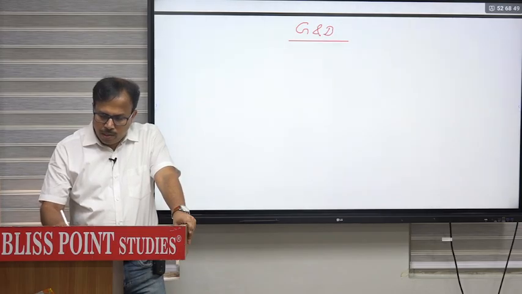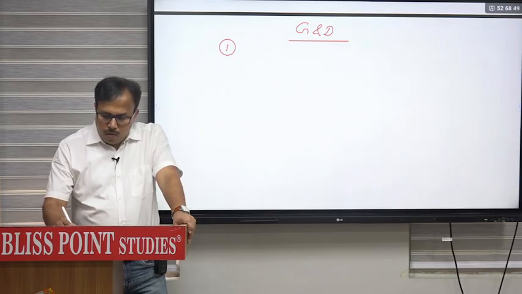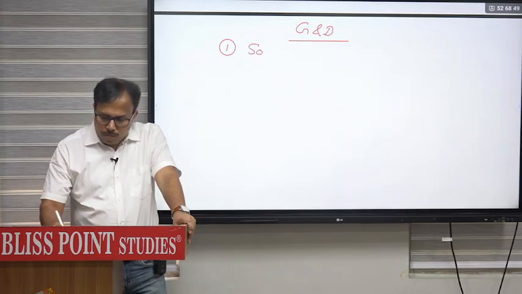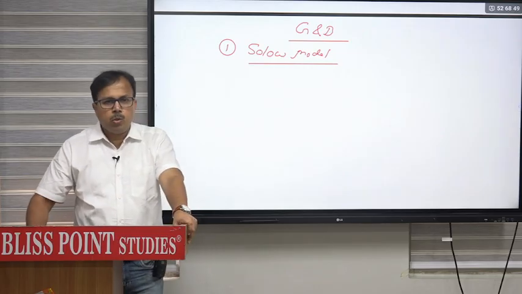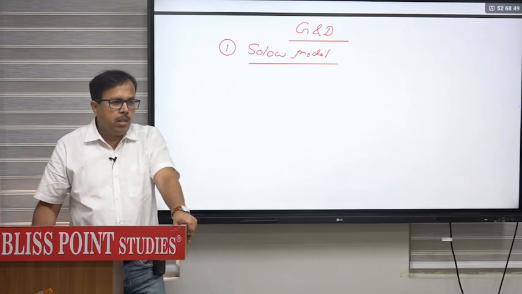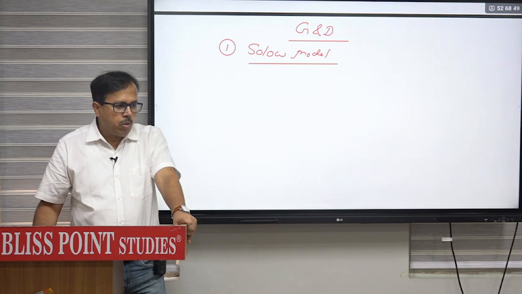You can start with the Solow model, or neoclassical growth model, sometimes also written as the neoclassical growth model. So neoclassical is a Solow model.